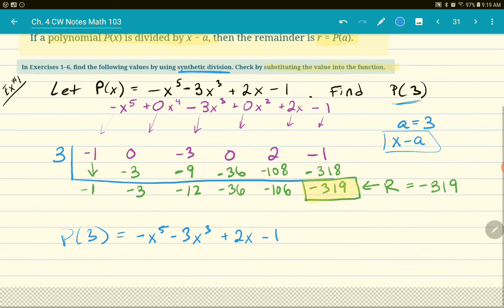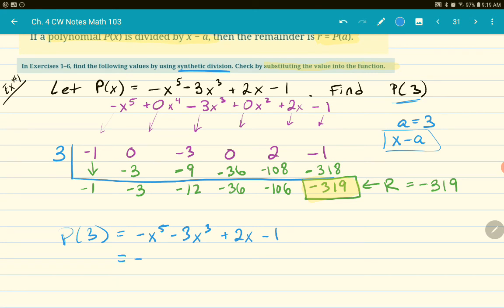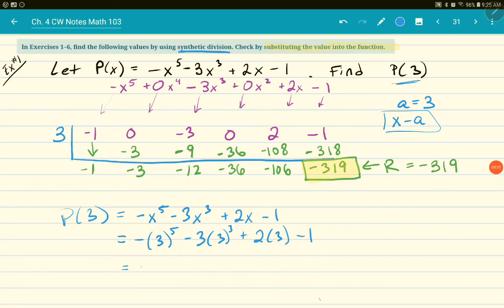Now if I plug in a 3 for all those x's, I get negative 3 to the fifth minus 3 times 3 cubed plus 2 times 3 minus 1, which gives me negative 243 minus 3 times 3 cubed, which is 3 to the fourth, which is 81, plus 2 times 3 is 6, and minus 1.